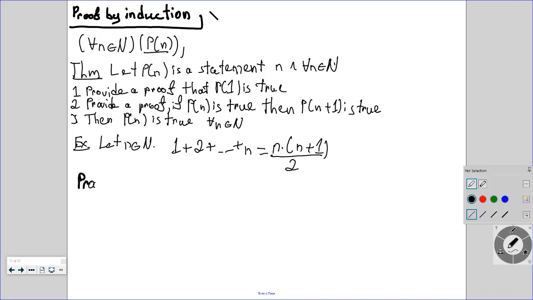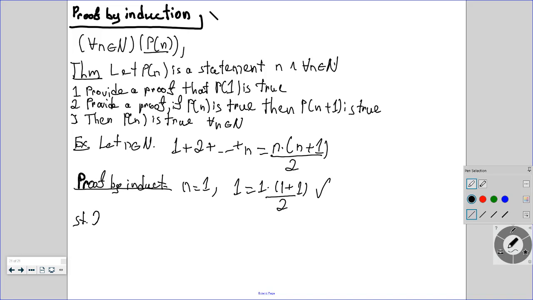So, by induction, we want to prove that this holds when n is equal to 1. So 1 is equal to 1 times (1 plus 1) over 2. So this is true.